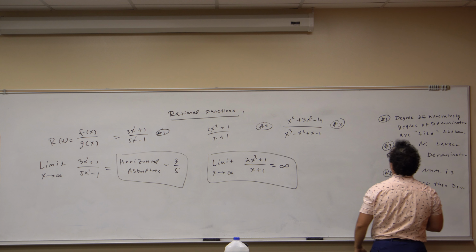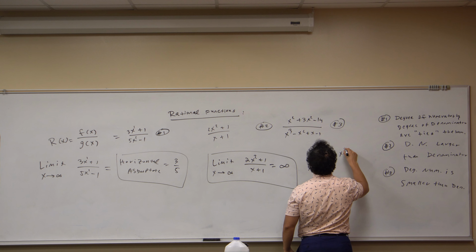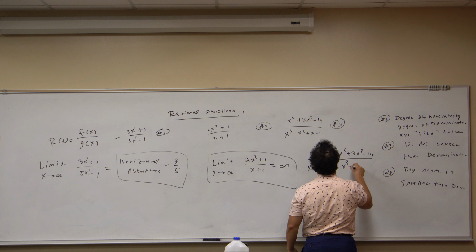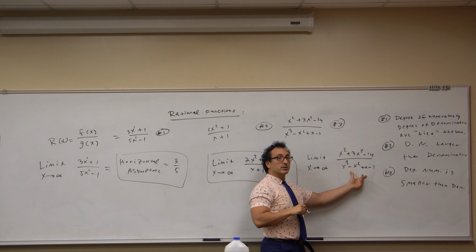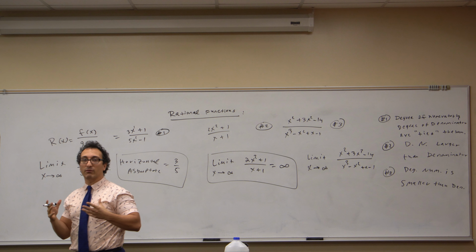Now, in this third case, when the denominator is larger, the limit as x approaches infinity is determined by the denominator winning: the denominator has the larger degree, so it is going to have larger values.